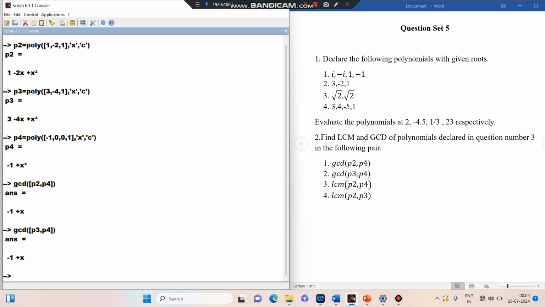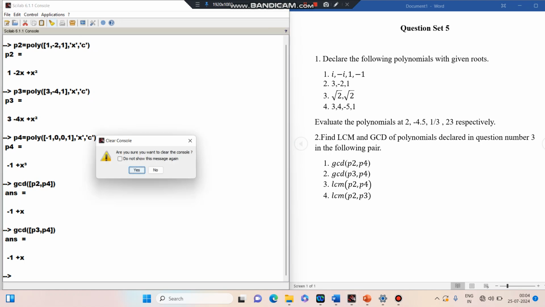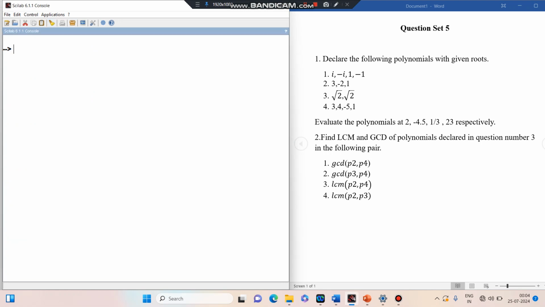Next we want to find the LCM of P2 and P4. So the command is lcm in the round bracket, then we have the square bracket. The LCM is a degree 4 polynomial.